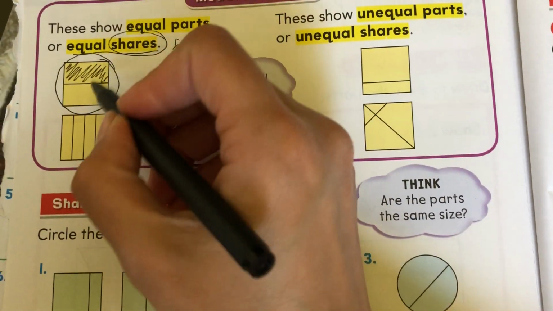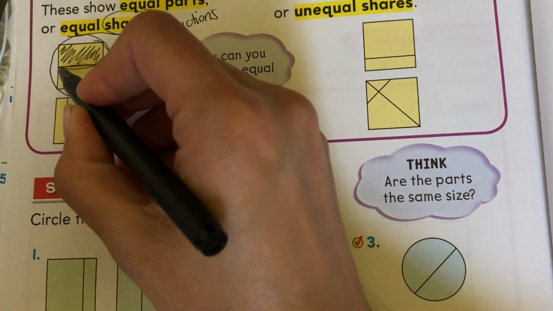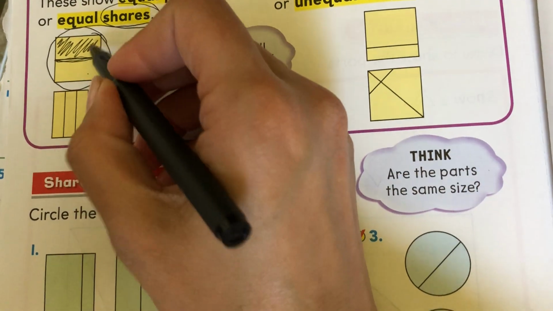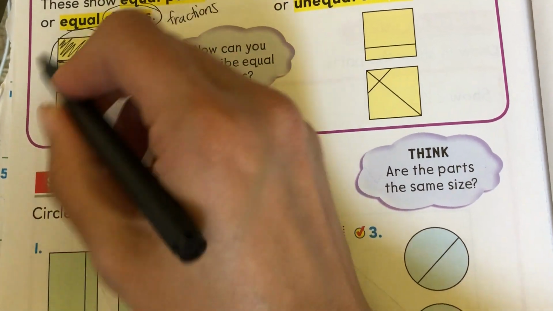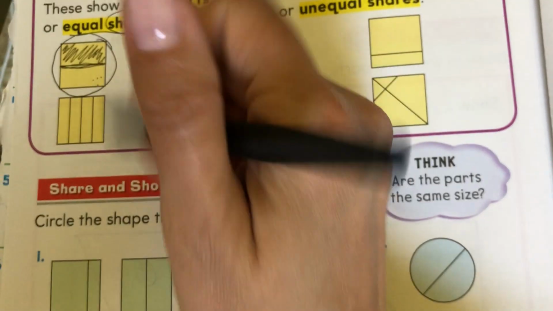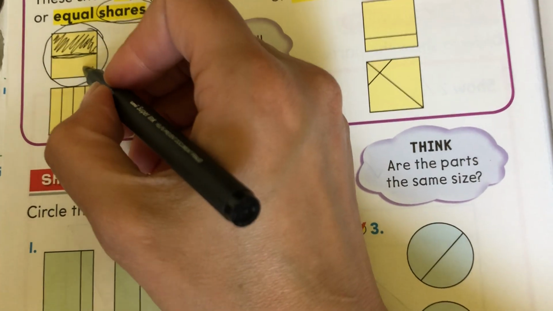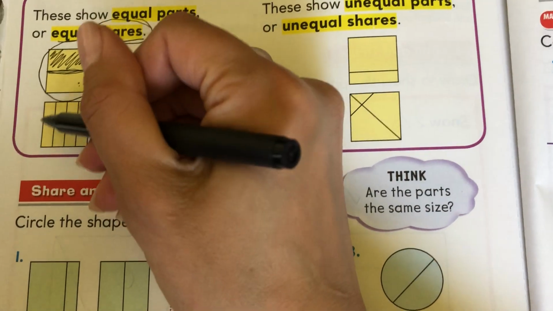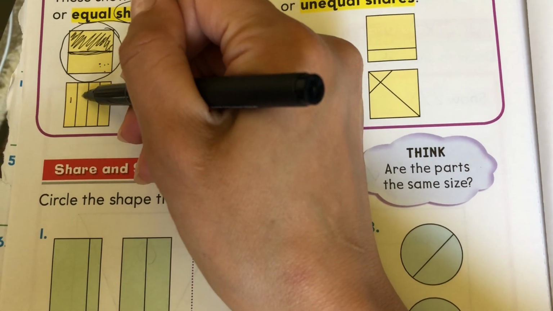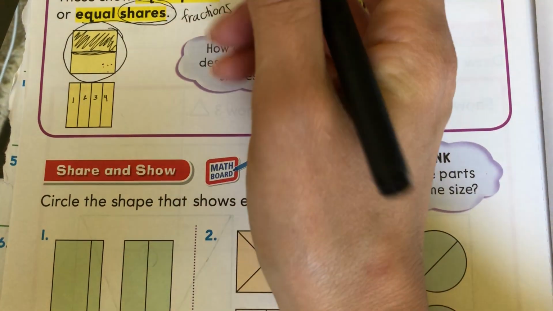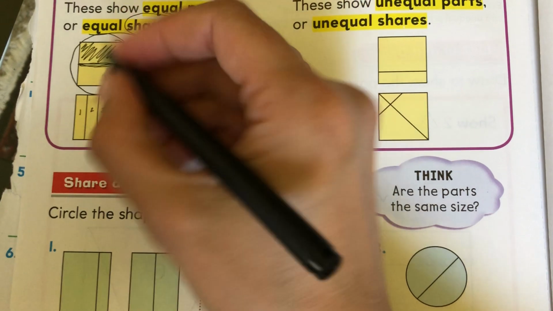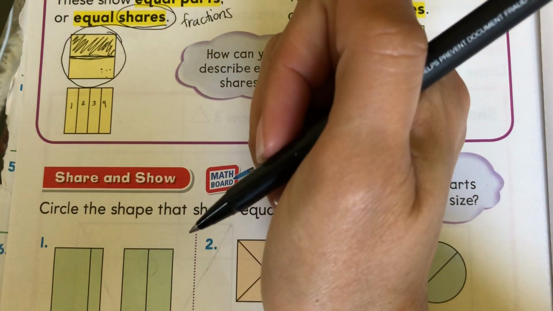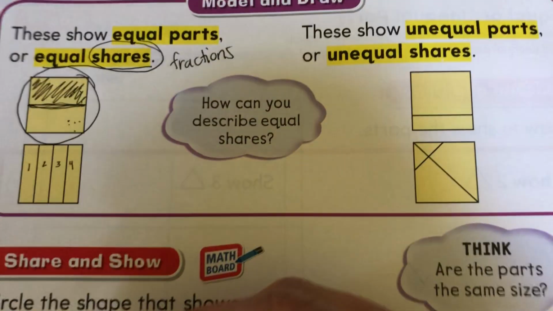Okay, so right here I can see that this share is equal. These are two equal parts. It's completely split in half. So this is an equal share and this is an equal share. Okay, let's look at this one. 1, 2, 3, 4. 4 parts. And are they equal? Yes, they are all the exact same size.